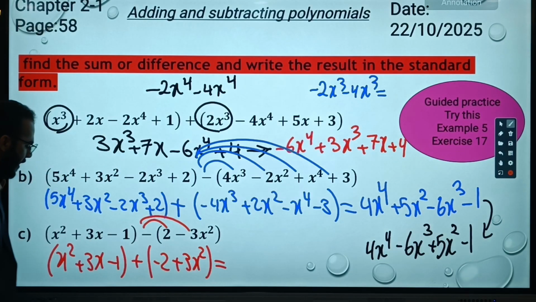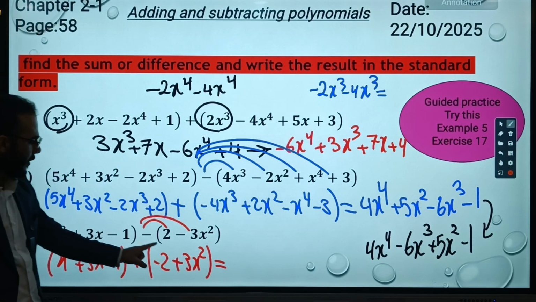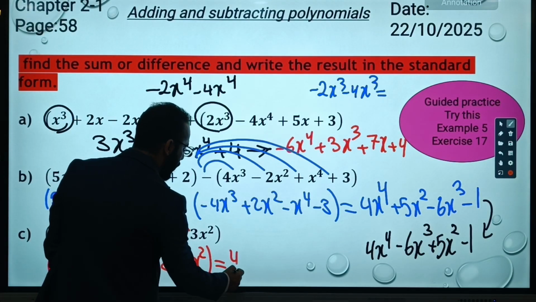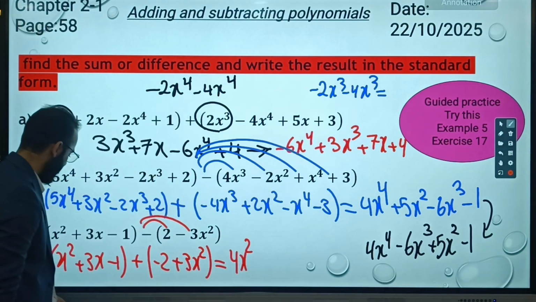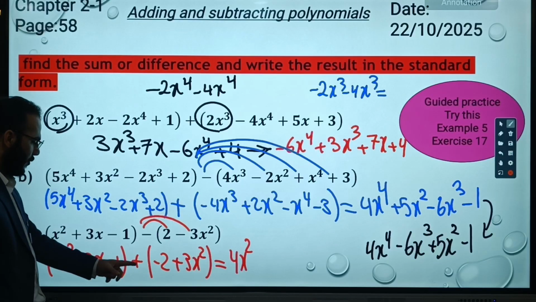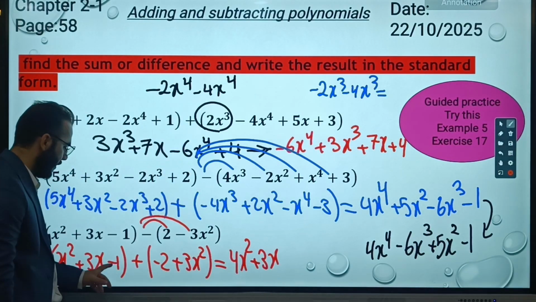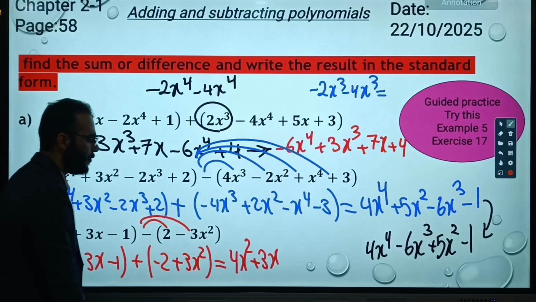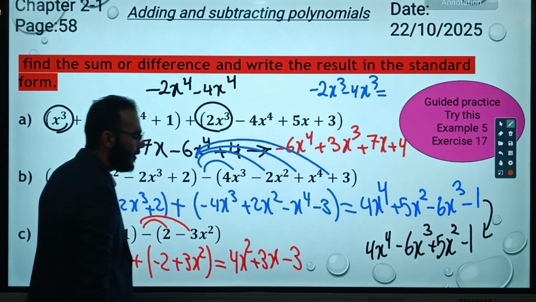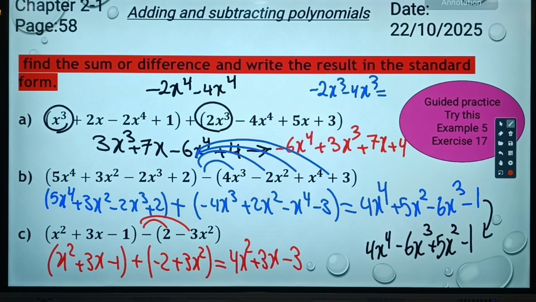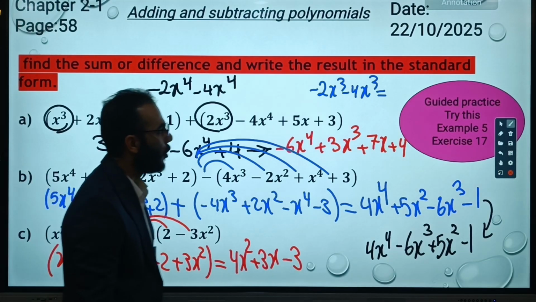So finally we are going to have x squared plus 3x squared, 4x squared. We don't have any other x terms, so we write 3x. And then finally negative 1 plus negative 2, negative 3. Add the numbers but keep the negative sign. This is the story of adding and subtracting two polynomials.